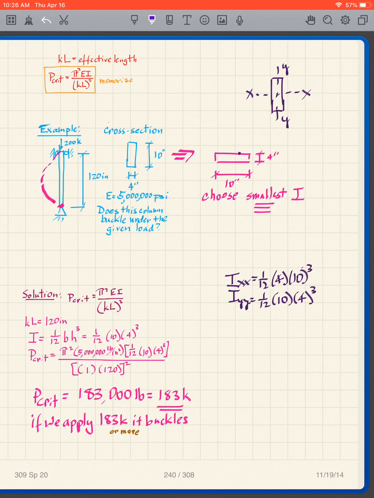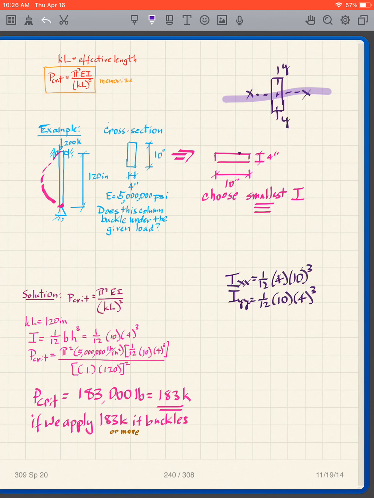One of the first mistakes that people often make, and one you want to avoid, is this: as we know, there is more than one moment of inertia for our cross-section. For instance, I could take the moment of inertia about this axis, I could take the moment of inertia about that axis, and in reality we could take it about a bunch of different axes.